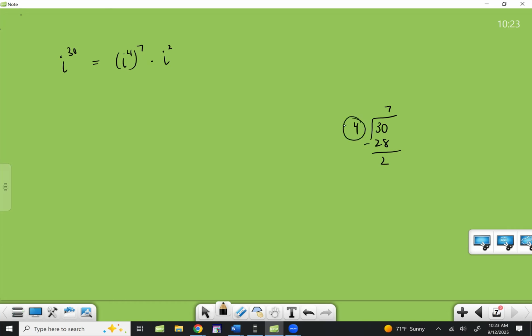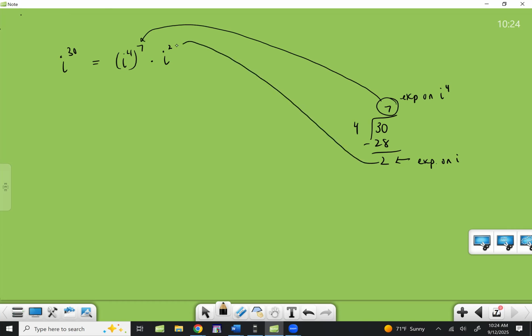Always by 4, guys, always by 4. And this is going to be the exponent on i to the fourth, and this is going to be the exponent on the leftover i's, okay? So we'll just say exponent on i. You can see that, right? The 7 was the exponent on i to the fourth, the remainder was the exponent on the leftover i's, okay?